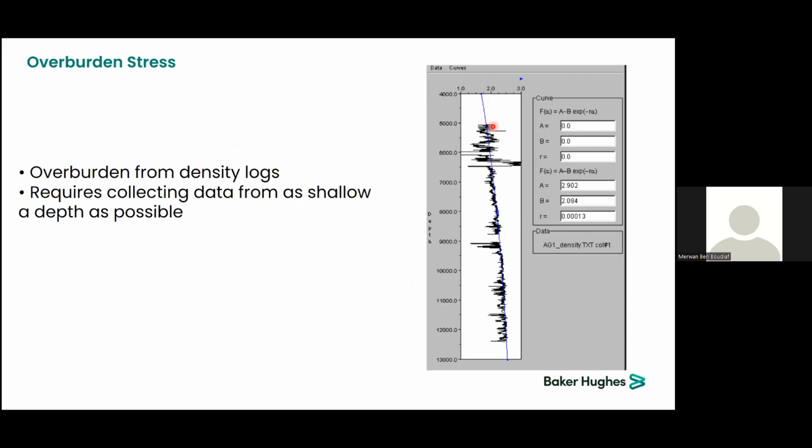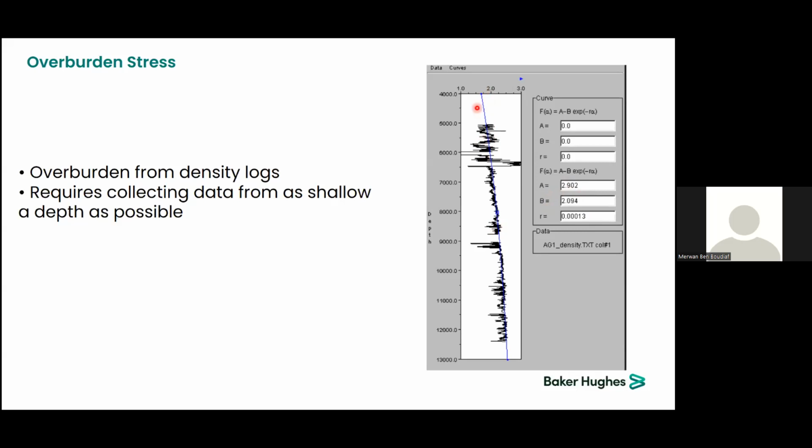This is an example. These are different density curves that we are plotting together along the well. Where we don't have the density, we are generating a trend line with some equations here. You can see the A, B coefficients. This is an exponential trend line that we can use to fill the voids.